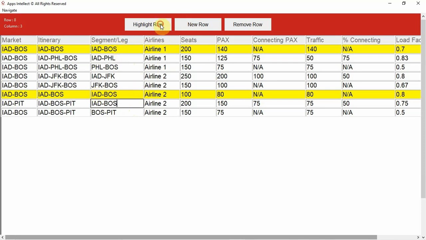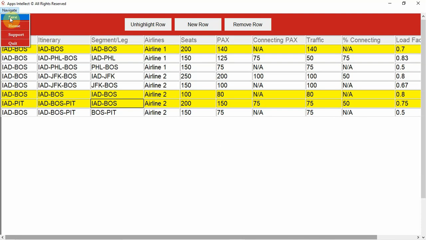We'll see the calculation which will give us the market share, the frequency share, and the segment supply, the number of seats provided for this route by both airlines. We'll compare them and see finally the report.